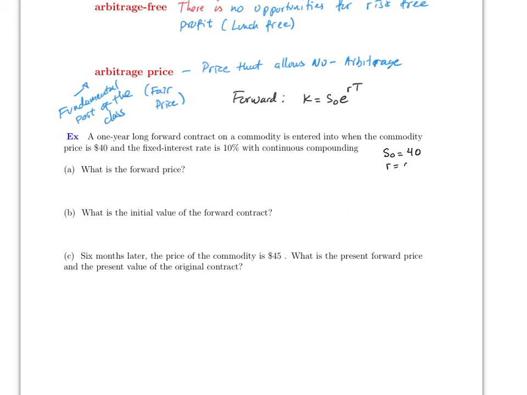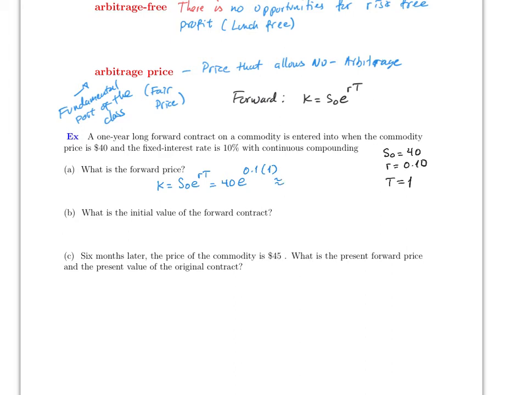So that means R is 0.10. Since the contract is for 1 year, then T equals 1. So the first question is, what is the forward price, or K? So remember that K equals S0 e to the RT. So in our case, this will be 40 e to the 0.1 times 1.